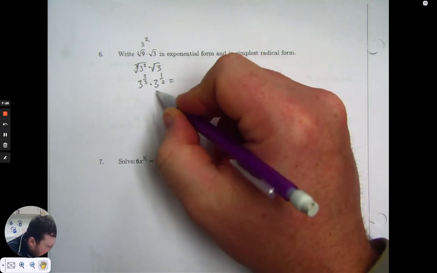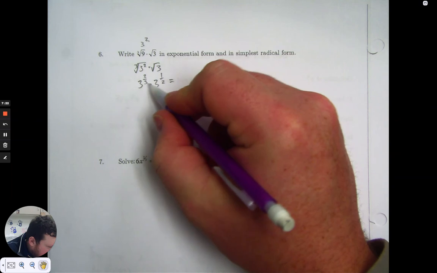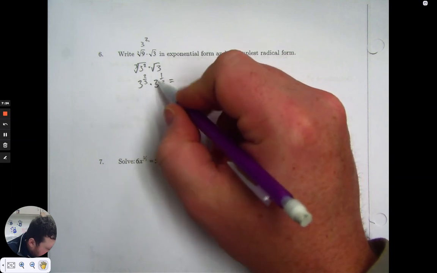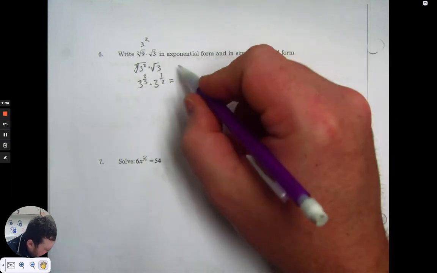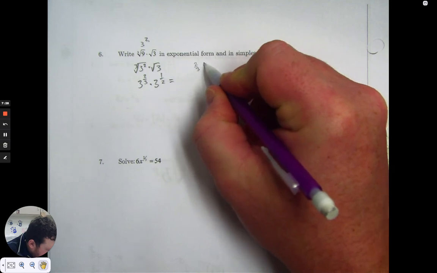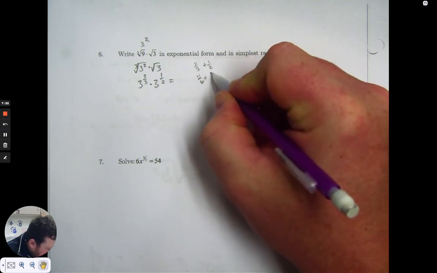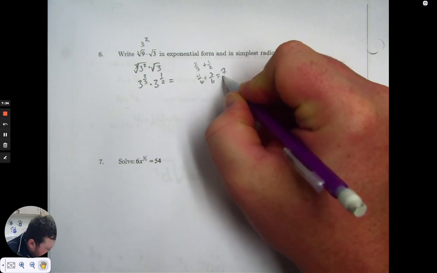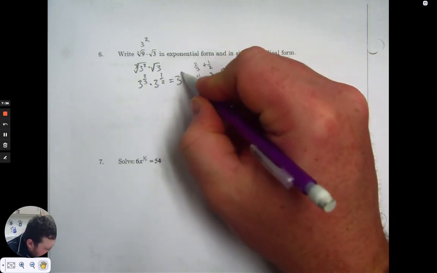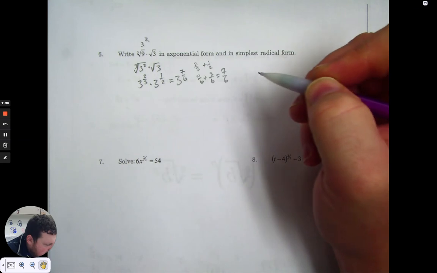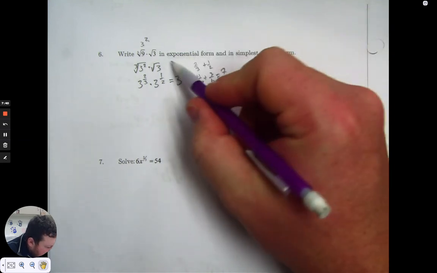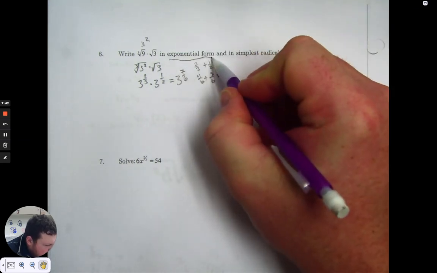When we multiply the bases, we add the exponents. So 2/3 plus 1/2 is 4/6 plus 3/6, which gives me 7/6. So that's 3 to the 7/6, which is my exponential form.